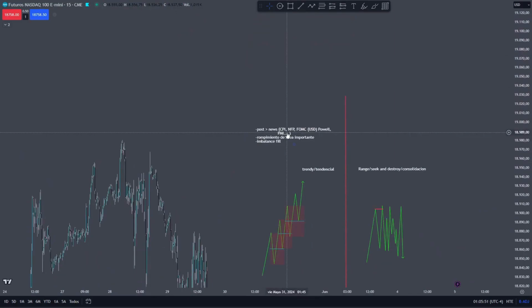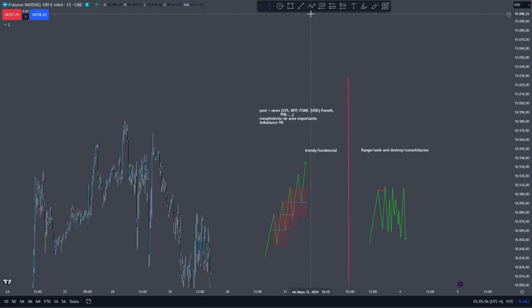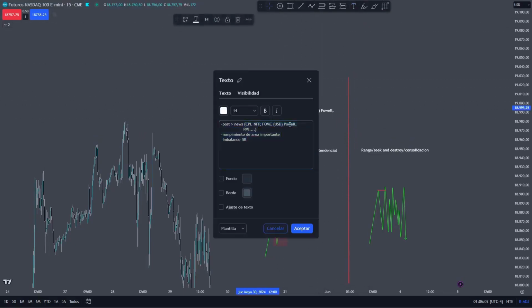So, ways to anticipate trending markets, and also logically, I know that 100% of the time I'm not in the same market profile.